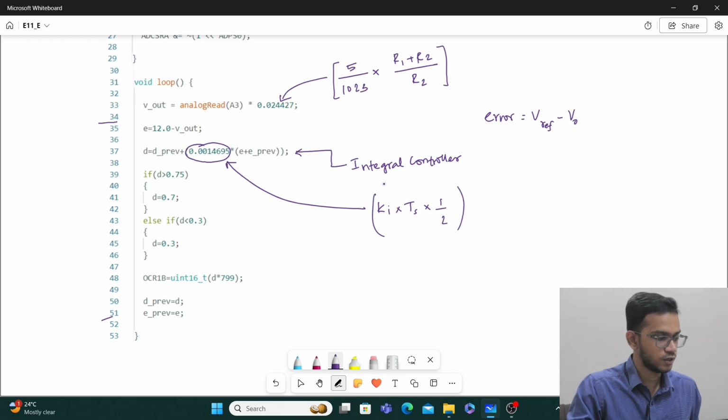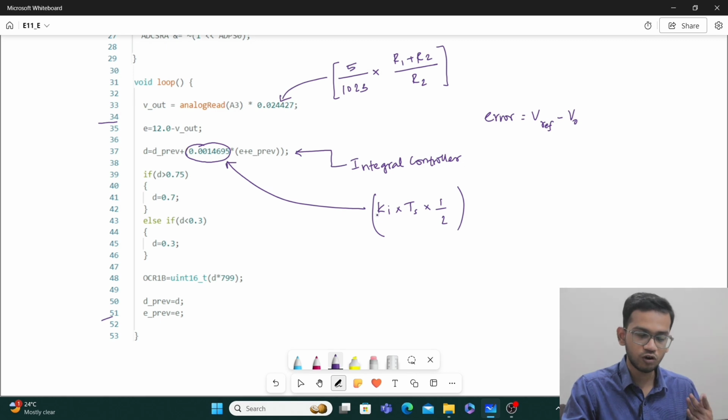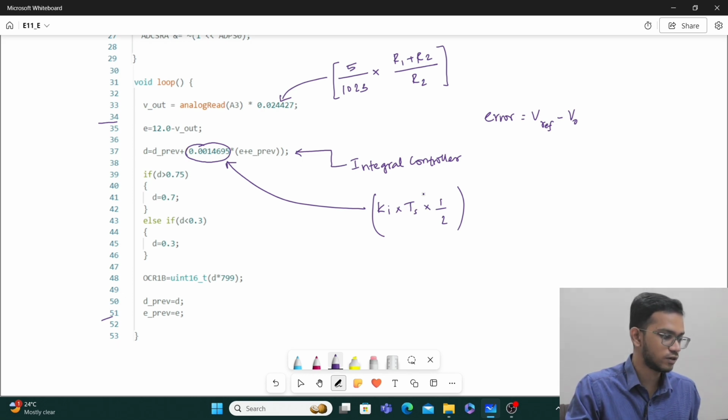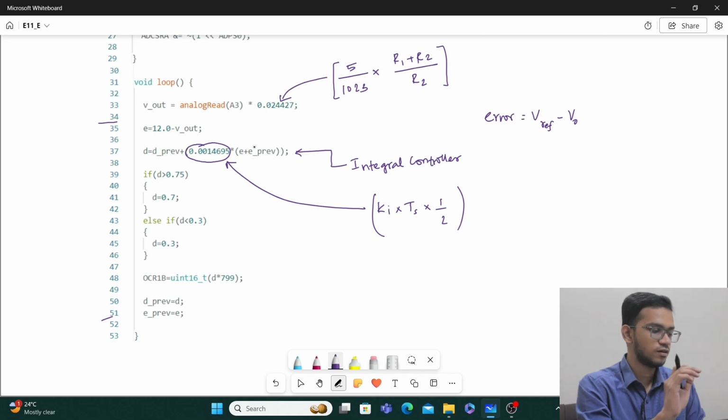Whatever Ki you get for your converter, put it here, multiply it with the sampling period or the switching period, and then a half, because that half is associated with (e plus e previous) upon 2. Again, we have seen this difference equation in great depth in one of our earlier videos. So this is just an assembly of all the concepts which we have covered earlier.